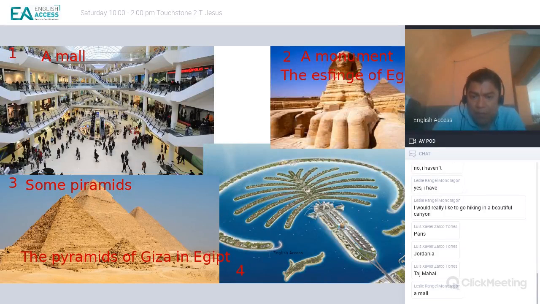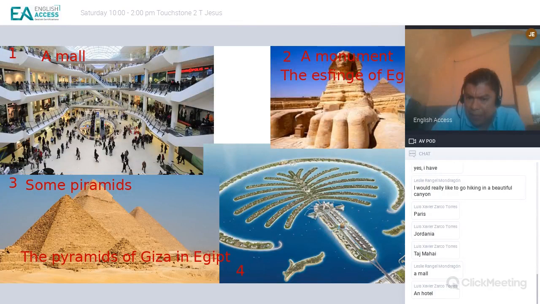And number 4. What is number 4? It's Dubai. I don't know the name of the place, but it's Dubai. Is it a hotel? No, this is not a hotel. But maybe it is. I'm not sure. I believe it was an artificial island for houses in Dubai.